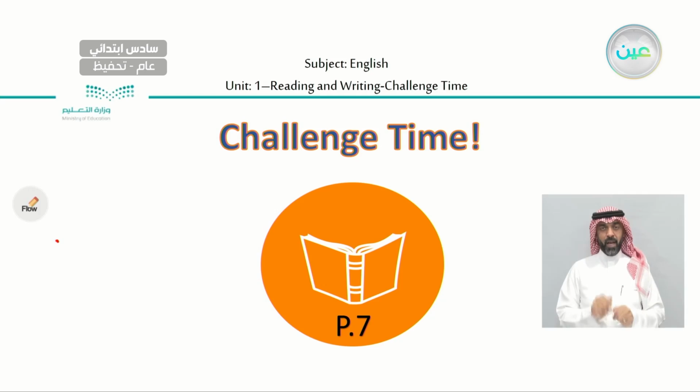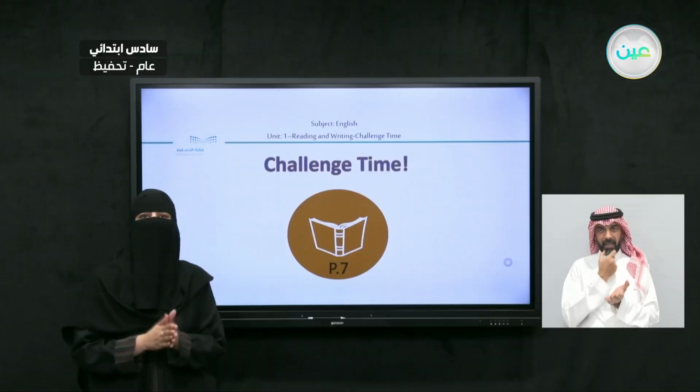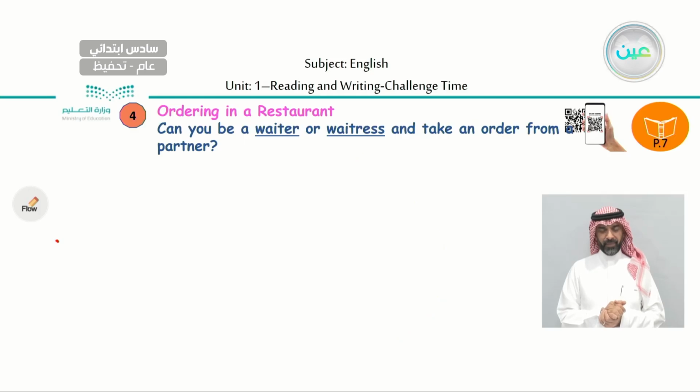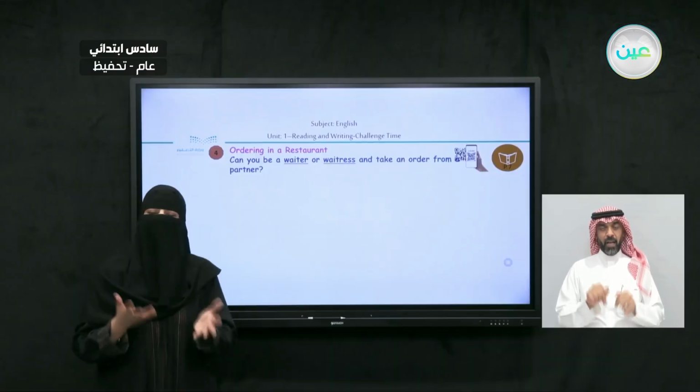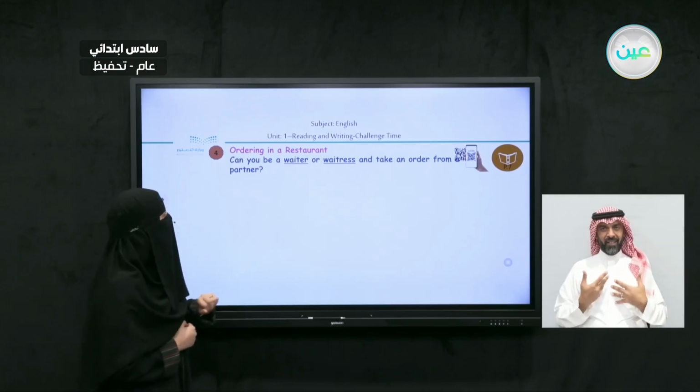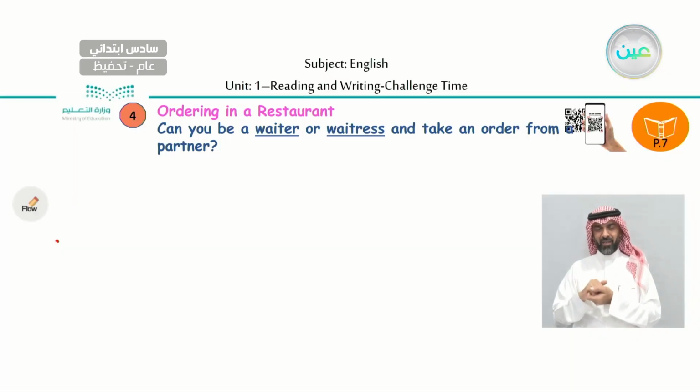Now with challenge time on page number 7, all of you please open your English books on page 7. Okay? Yes, here we have, it's fun, okay? I wanted to do it with your friend. It's about ordering in a restaurant, okay?